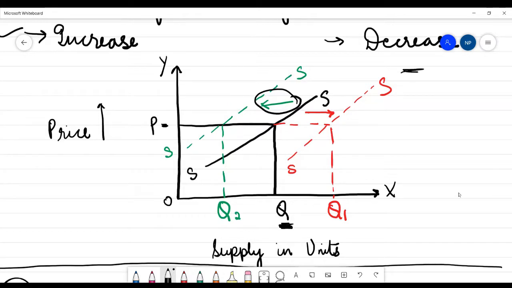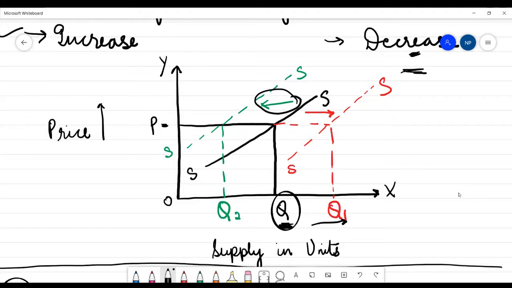Similarly, when we talk about a decrease in price of other goods, a fall in the prices of other goods makes production of the given commodity more profitable. That means the original commodity that is supplied becomes more profitable. So over here the quantity that is supplied in the market increases, because the other goods' supply decreases.